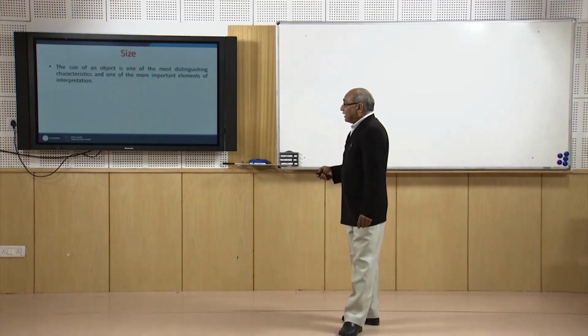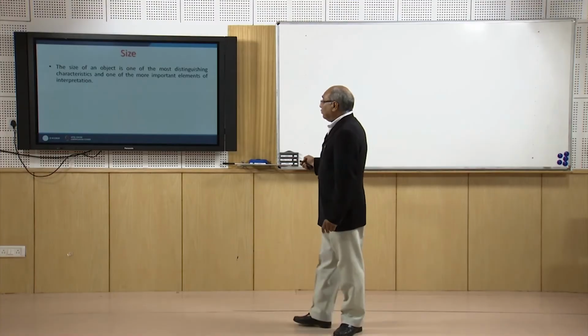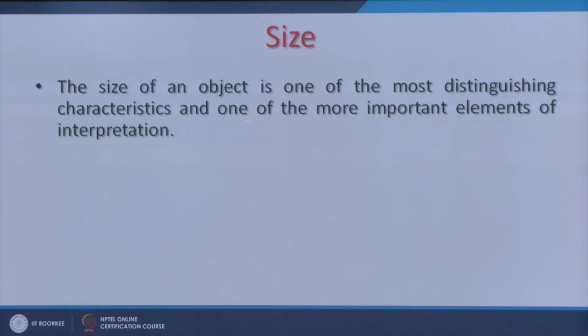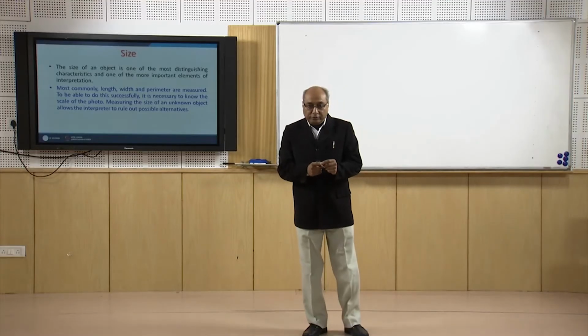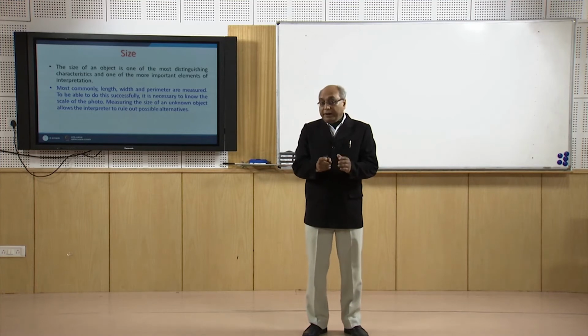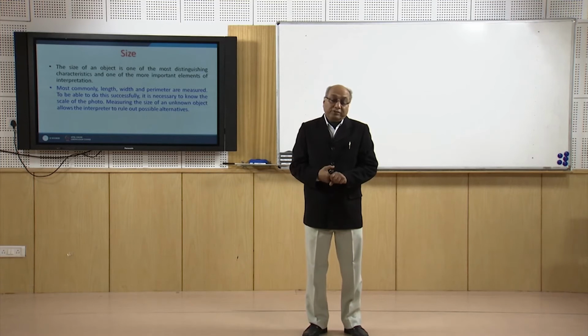Then next is the size. The size of an object is one of the most distinguishing characteristics and one of the more important elements of interpretation. Now this size has to be understood, because it will depend on the spatial resolution of your satellite image.